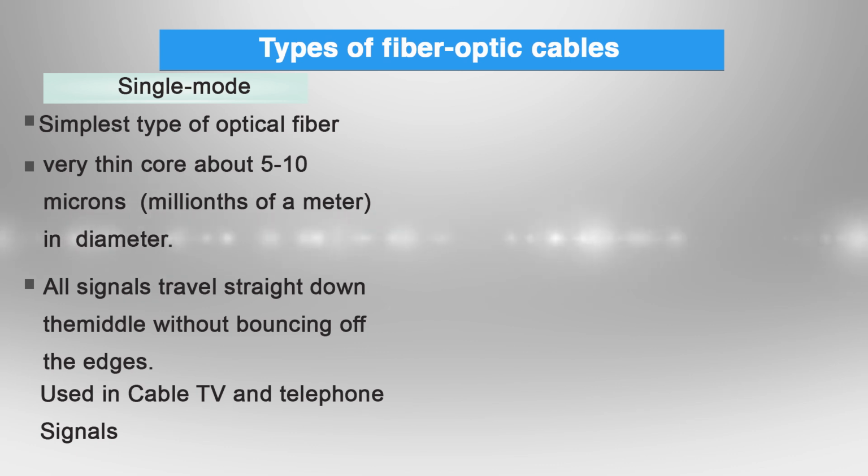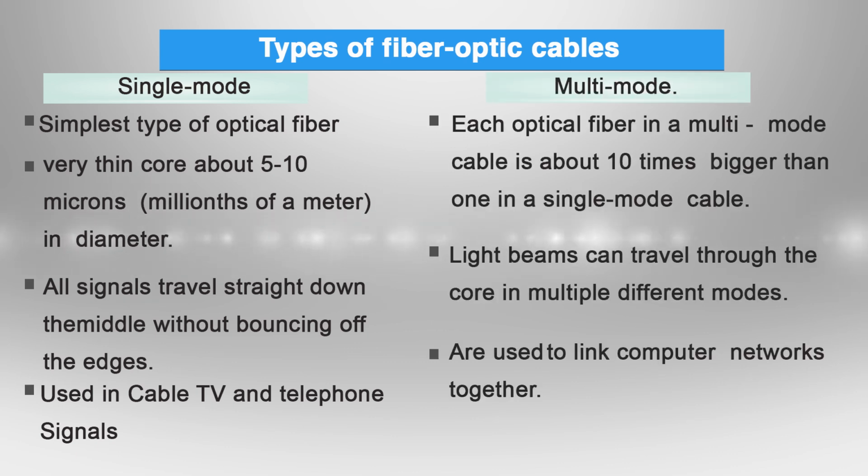However, single mode fiber also has some limitations, including being more expensive than multimode fibers, requiring precise alignment and splicing, and not being suitable for short distance applications due to its higher cost and complexity. Fourth type of fiber is multi-mode fibers.